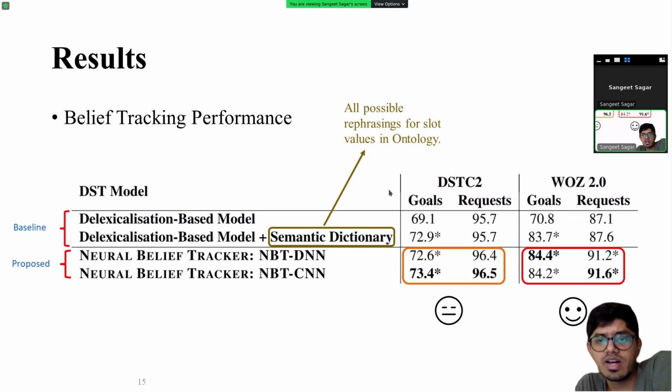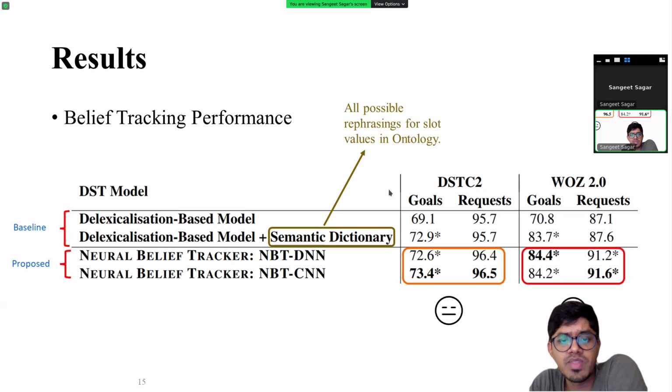This holds in both joint goal accuracy and request accuracy. However, this difference is not very prominent or significant if you see the DSTC dataset. This is mainly because the DSTC dataset is not so rich in vocabulary and is filled with ASR errors.